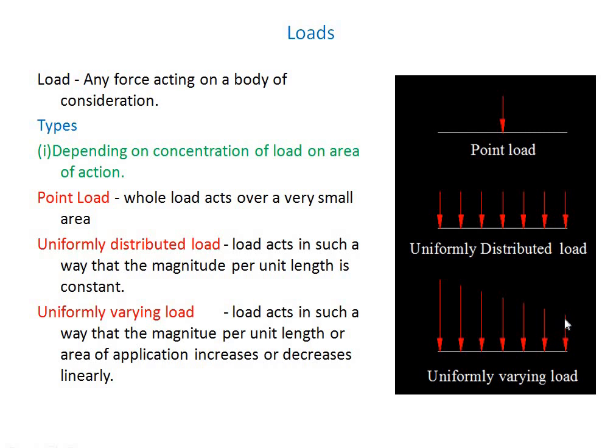Assume at the right end the load is 5 kilonewton, the rate of loading is 10 kilonewton per meter, and the length of application of load is 1 meter. So when I cross a distance of 1 meter, another 10 kilonewton of load gets added. Here it is 5 and here it will be 15 kilonewton, right? This type of loading we call uniformly varying load.